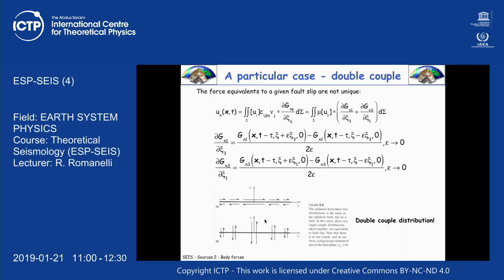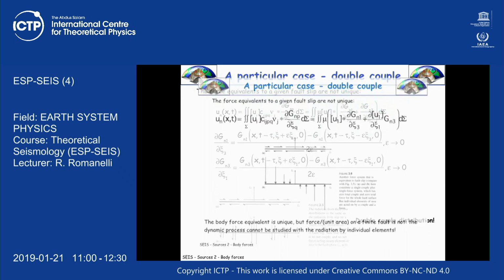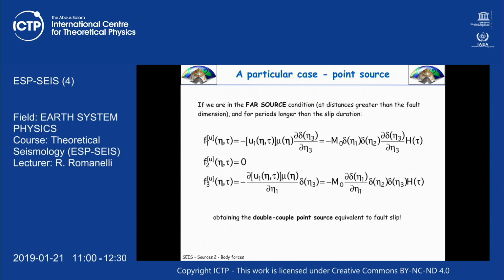once we go far from a source and we consider it as a point, all of them collapse in just one possible representation that is a double couple. And that's the final proof. Because if you go now in the far source, what does it mean?